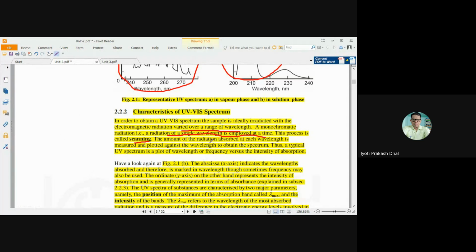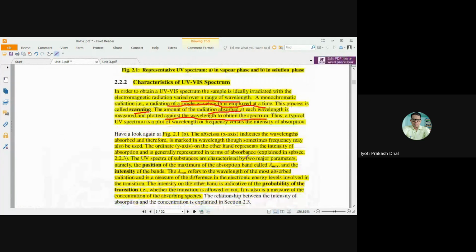Now, the amount of radiation absorbed at each wavelength is measured and plotted against the wavelength to obtain the spectrum. So, thus, a typical UV visible spectrum is a plot of wavelength or frequency versus intensity of absorption. The electromagnetic radiation will be varied from 200 nanometer to 800 nanometer.